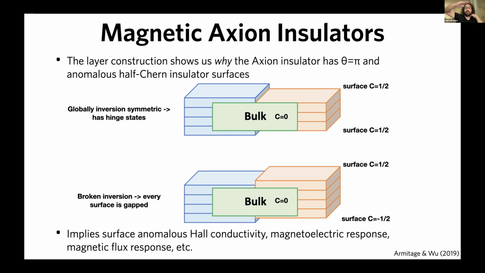But I can add an extra Chern insulator onto the top surface so that the Chern number is constant relative to the outward pointing surface normal. That breaks the global inversion symmetry of the surface and gaps out the hinge states, but it doesn't change the fact that the surface has a half integer Hall conductivity. I've just changed it from plus 1/2 to 1/2 minus 1, which is minus 1/2. So this implies that the surface anomalous Hall conductivity persists even when I gap the surfaces of this magnetic axion insulator. And this is really a reflection of the bulk non-trivial theta equals pi.